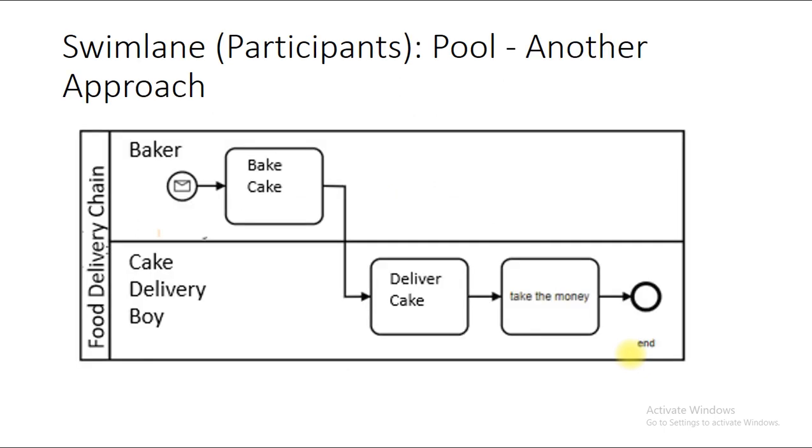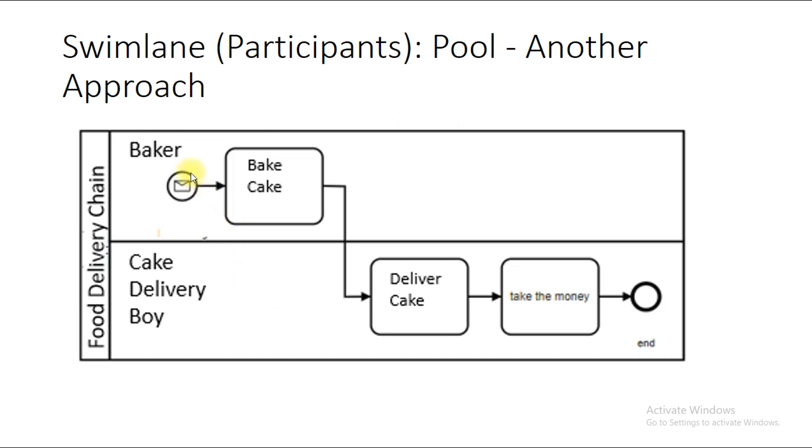Now this one is another approach to how a pool can be designed. In the next approach, the pool, which is named food delivery chain, has two participants. One is a baker who has got his own lane, and then there is a cake delivery boy who has got his own lane.